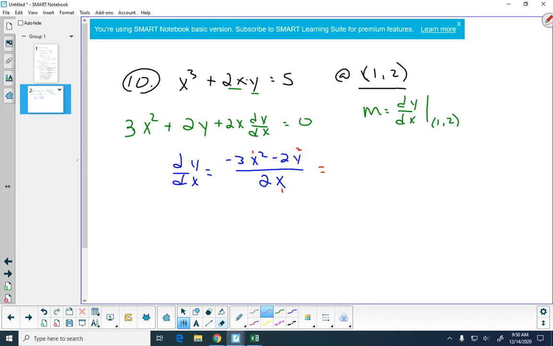Negative 7 over 2. We get negative 7/2. So now we have our slope, and we have our point that we're going through.